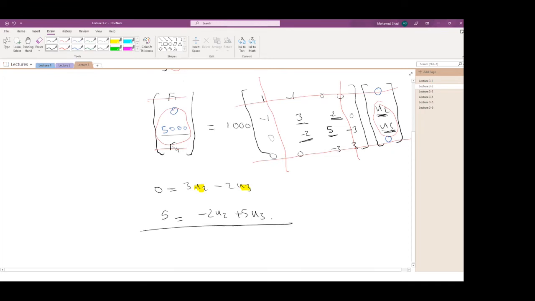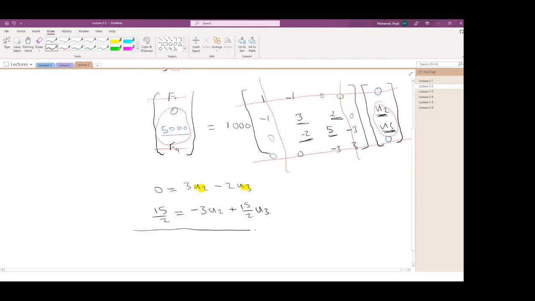All right, to solve them, I just multiply the second equation by 3 over 2 and add it to the first one. This way the 3u2 will cancel out with the 3u2 there. So I will have 15 over 2 equal to minus 3u2 plus 3 multiplied by 5, which is 15 over 2 u3. This is the new equation I have.